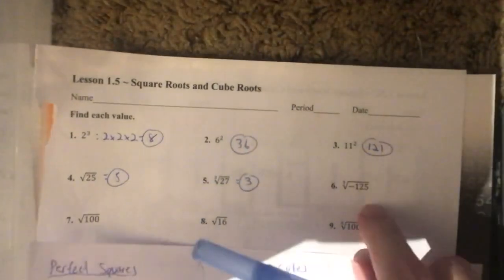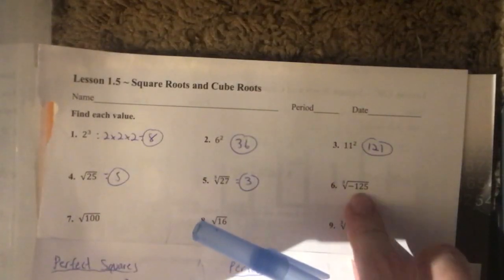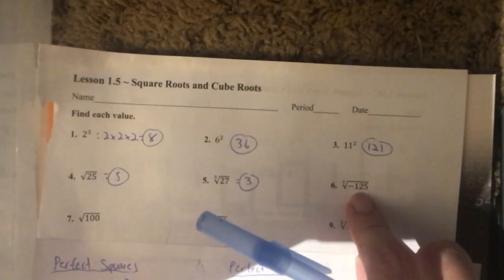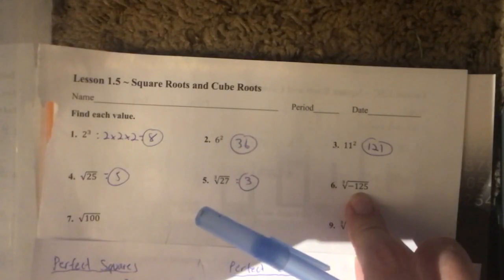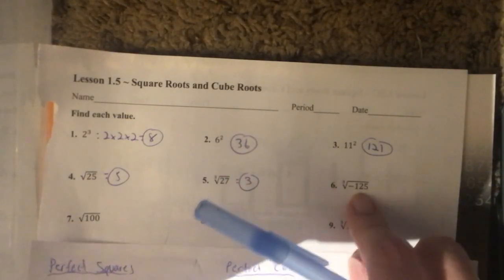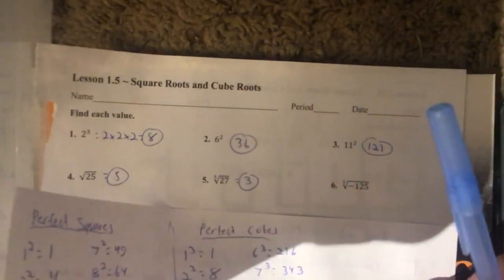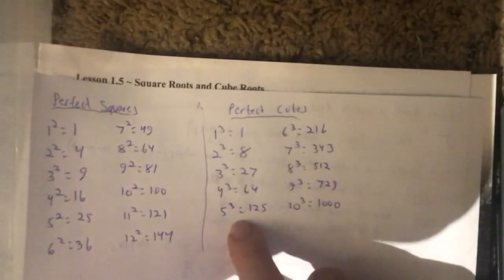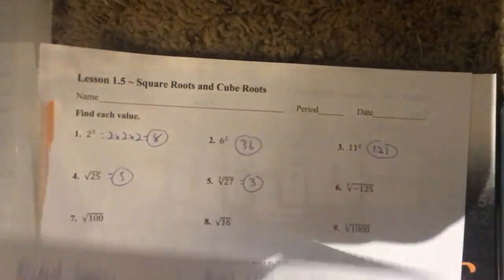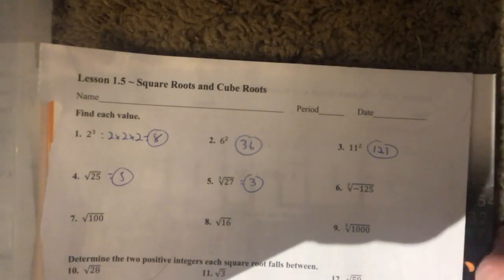Okay, number 6, we have a negative, and it's okay if you have negatives too, because remember, 2 negatives multiplied together equal a positive, 3 negatives multiplied together equal a negative. So cubed root of negative 125, what number can I multiply by itself and by itself to give me negative 125? If I look, 125 is 5, but since I have a negative number, I'm going to say it's going to be negative 5.